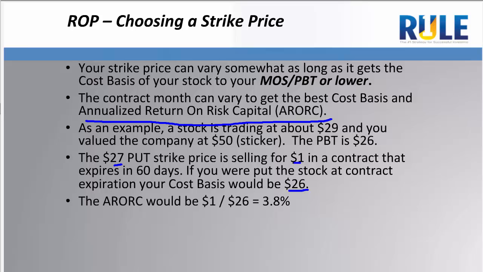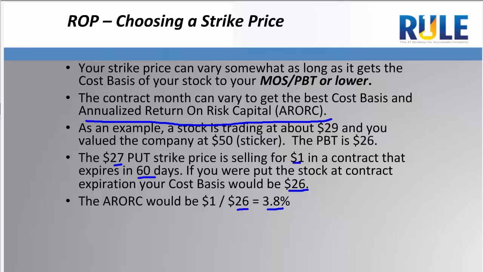And so to figure out ARORC, if you don't get assigned those shares, did you do okay with wrapping up about $2,600 per contract, or $26 per share, for those 60 days? Our quick calculation: $1 divided by $26 is 3.8%.